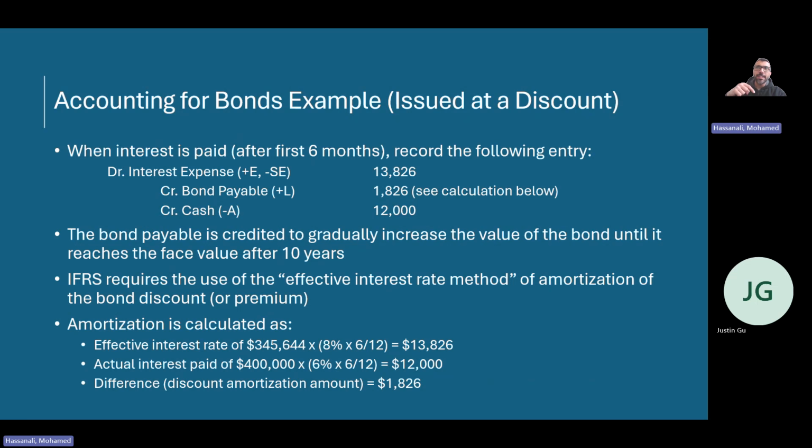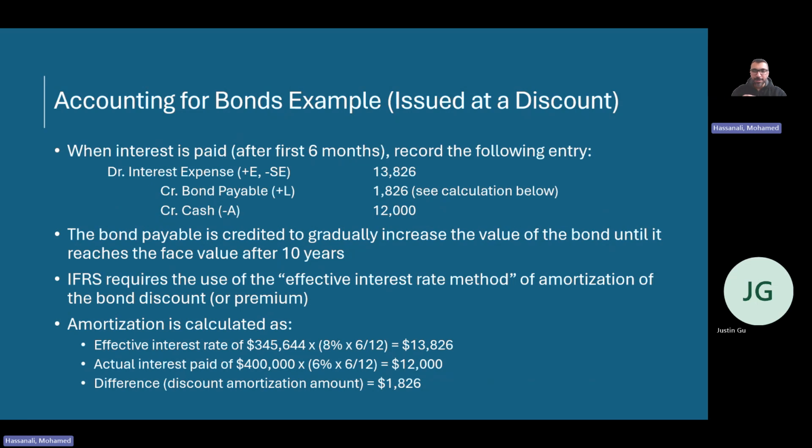When we are calculating the interest on the bond, or each interest payment for accounting purposes, we, for this example, are going to use something called the effective interest rate method. Okay, and the effective interest rate method is the method that is required or suggested by the International Accounting Standards, which is the ones we primarily teach you in class.